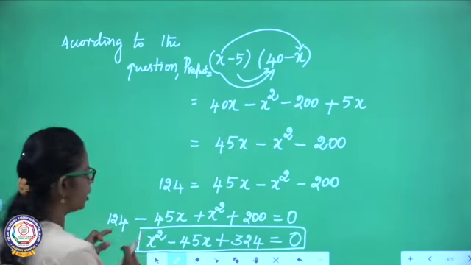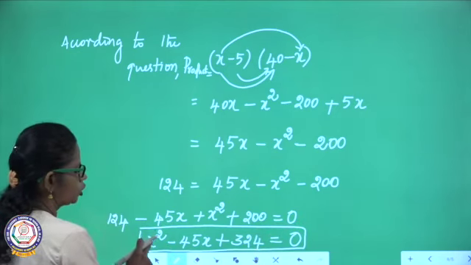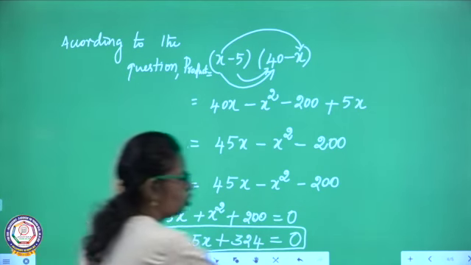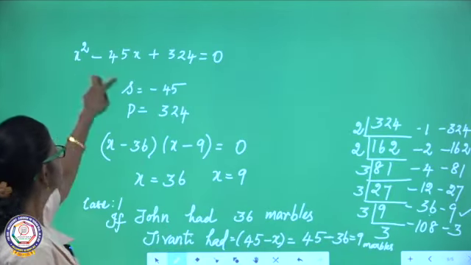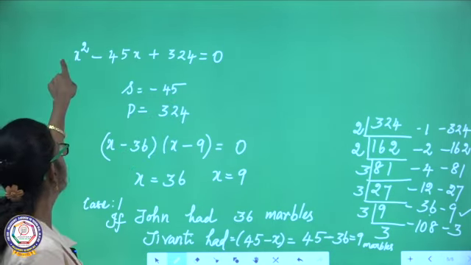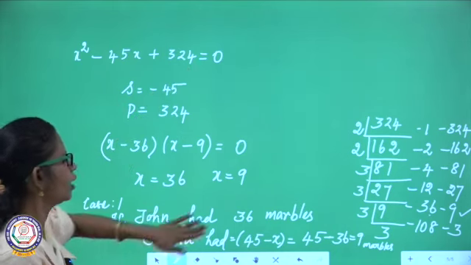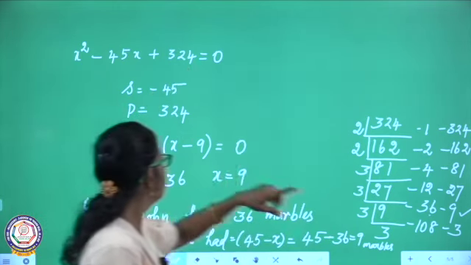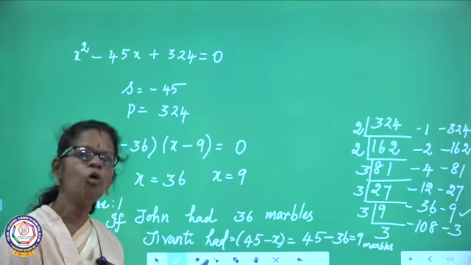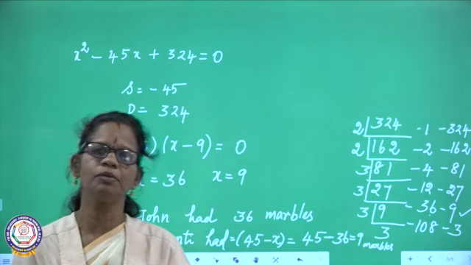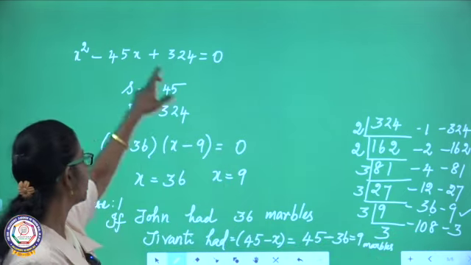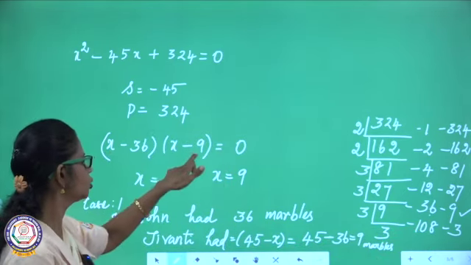Now you arrive at the end with a quadratic equation: x square minus 45x plus 324 equal to 0. Next, sum equal to minus 45, the coefficient of x. Product equal to constant into coefficient of x square. You write the possibilities and, based on the sum, select the possibility. Sum is negative, product positive, so both the possibilities are negative. Which is apt, you should select. Here x minus 36, x minus 9.